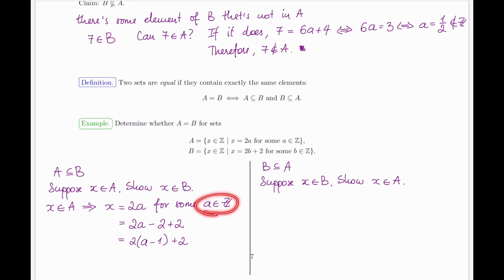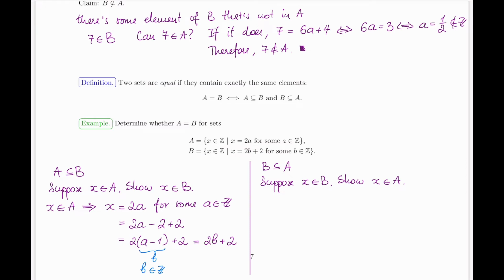Now, if a is an integer, then a minus 1 is also an integer, and this is what I'm going to call b. So I can confidently claim that if a is an integer, b is also an integer, and therefore this is actually of the form 2 times b plus 2, which is of the format that every element in the set B has.